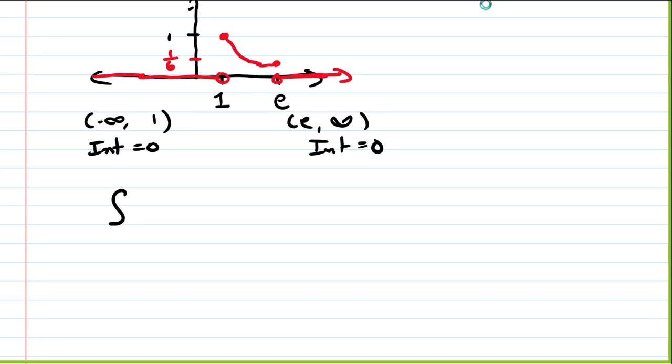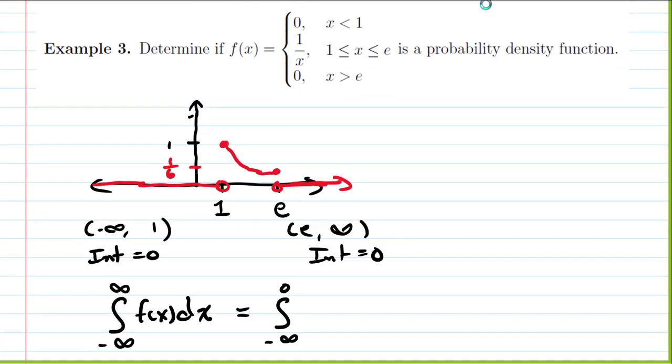So if we were to integrate from negative infinity to infinity of f of x dx, formally we would have the following. We would break it up into 3 integrals. We would have the integral from negative infinity to 1 of f of x.